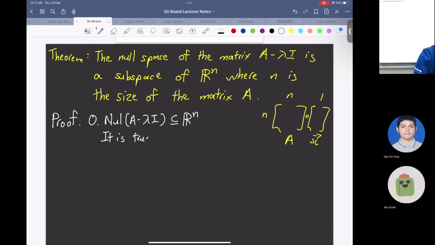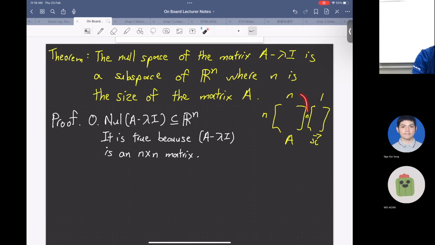It is true because A minus lambda I is an n by n matrix. So the n by n matrix multiplies an n by 1 matrix.